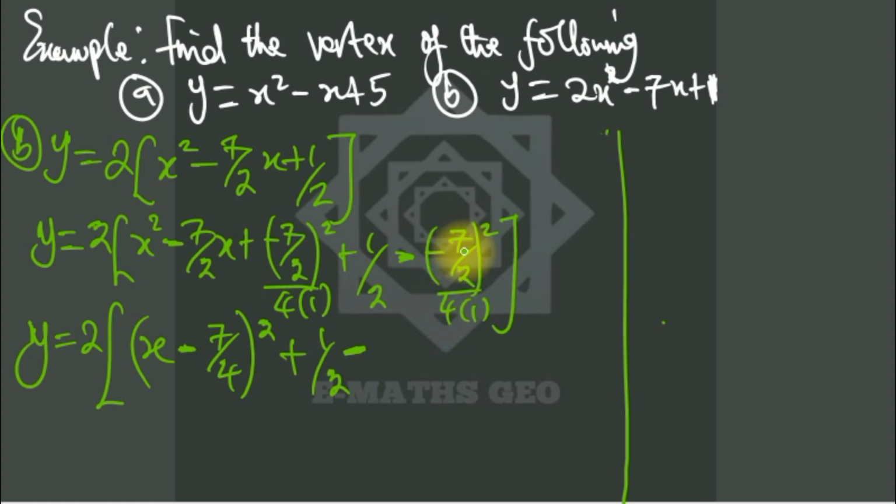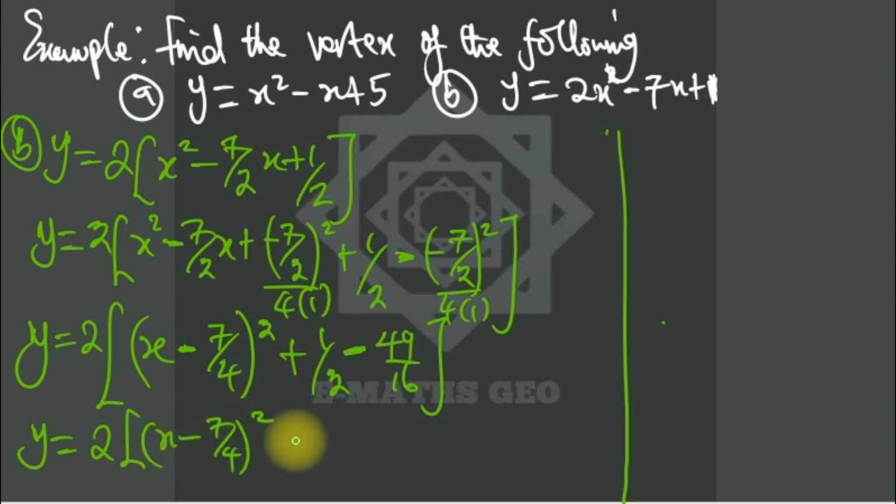That's 49 over 16. So let's add up. We have 2 in bracket (x minus 7 over 4) all squared plus half minus 49 over 16, that's 8 over 16 minus 49 over 16. This is minus 41 over 16.